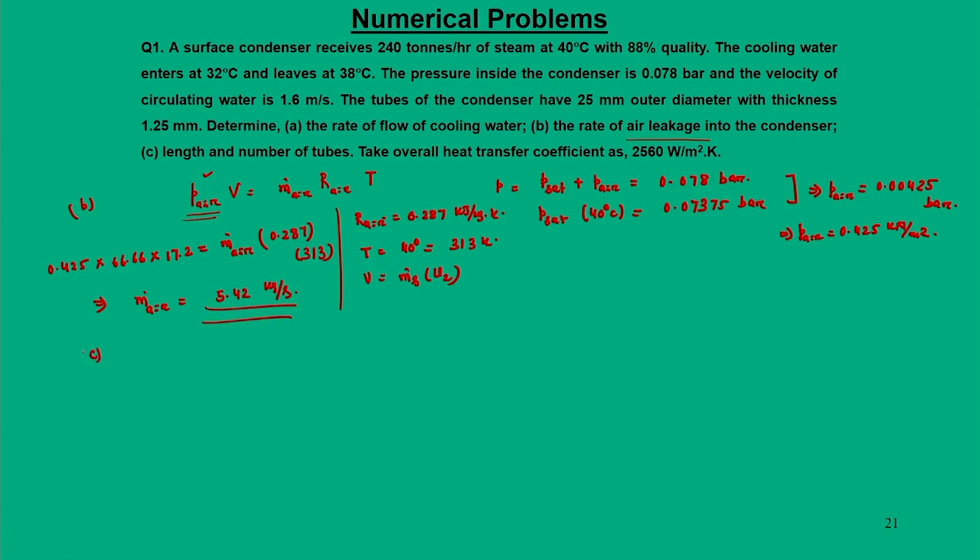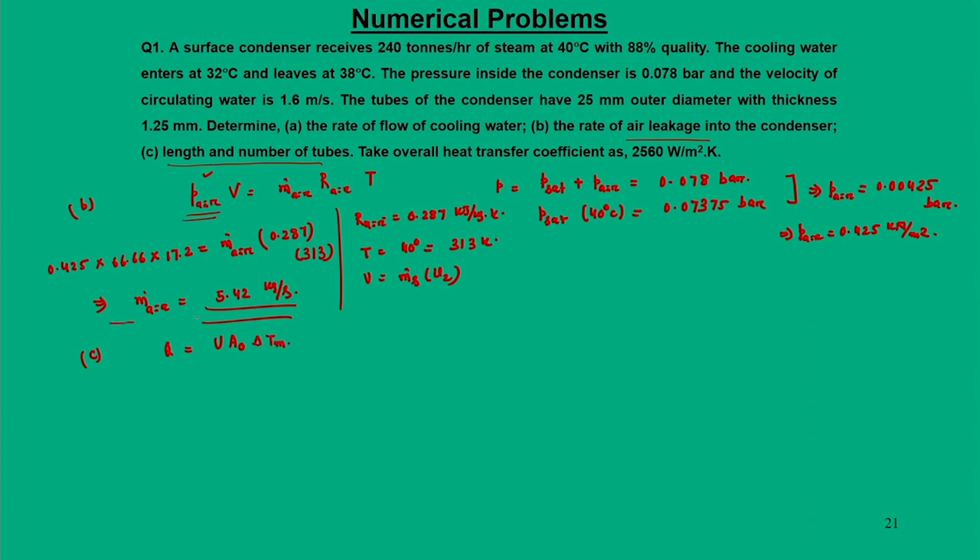The third part: we need to calculate the length and number of tubes. For that reason we have to bring in the overall heat transfer coefficient, U A0 into delta Tm.